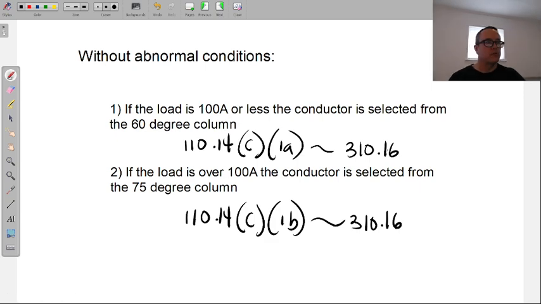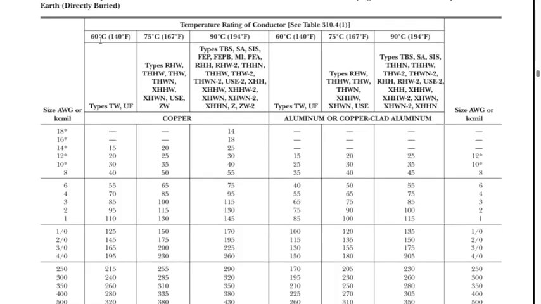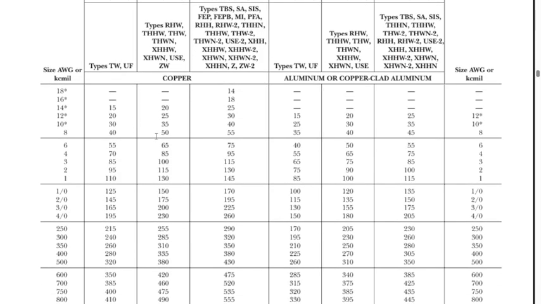So, just to look at 310.16. Here's where we go. Right, we have our 60 degree Celsius, 75 Celsius column. Again, ignore the insulations. We are only sizing the wire. We are only saying, I have 124 amps to deal with.